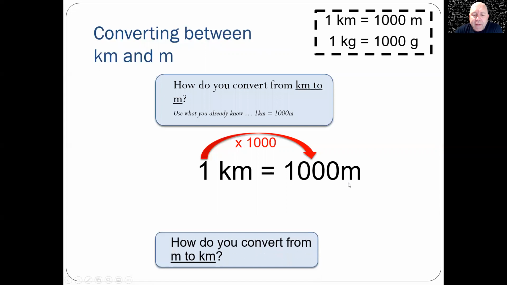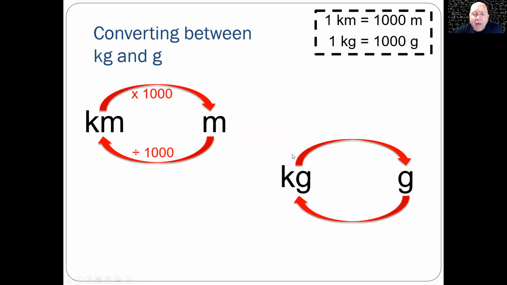What about going the other way, converting from meters to kilometers? It's just the opposite. We divide by 1,000. So if I had 5,000 meters, I would divide by 1,000 to give me 5 kilometers. And that works just the same way for kilograms and grams, because kilo in kilograms means 1,000.